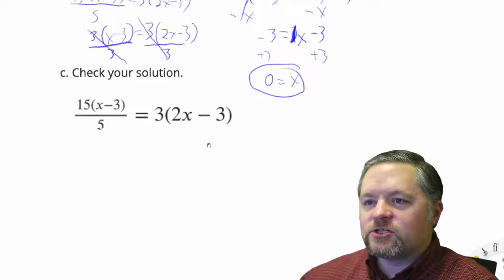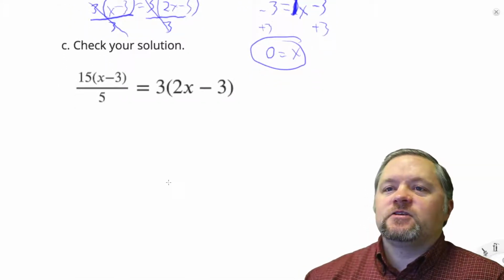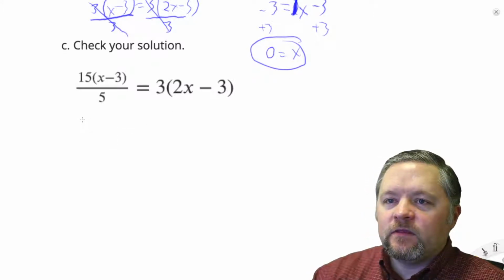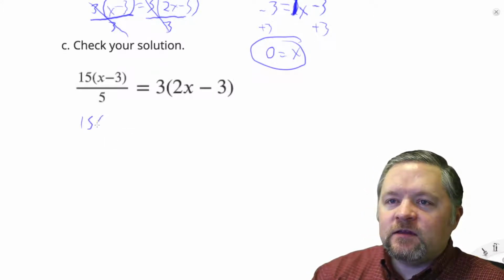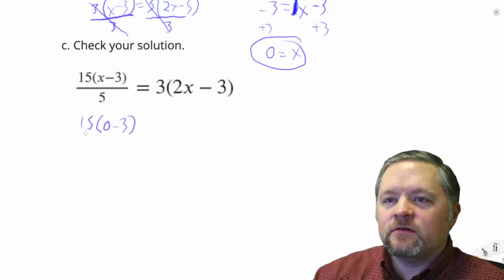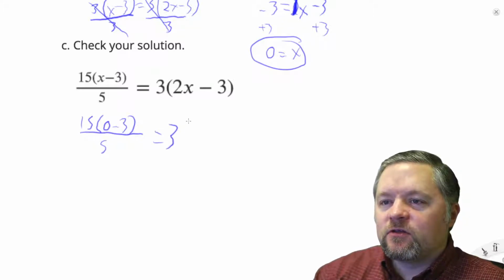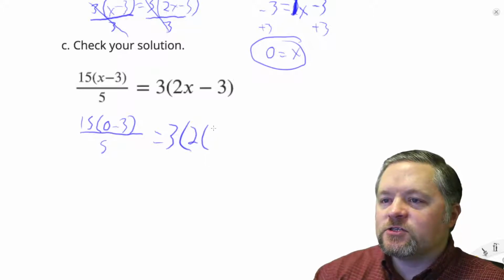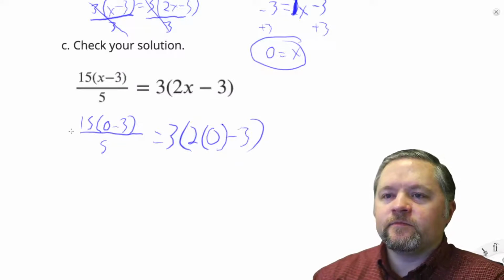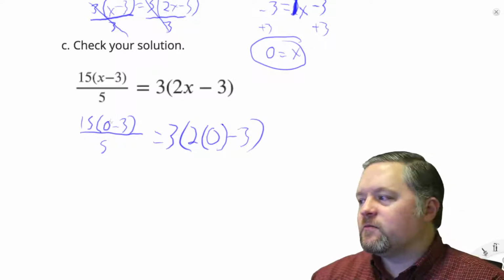Now, I want to try checking my solution, which means plugging in my solution. 15 times 0 minus 3 all over 5 equals 3 times 2 times x, which is 0, minus 3.